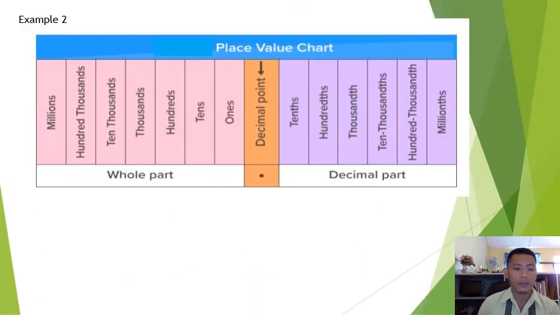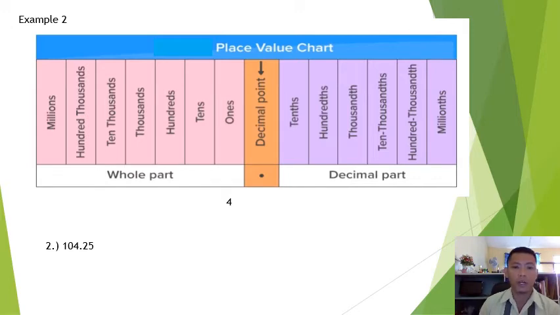Okay? So let's give the place value of each digit in the number 104.25. So again, we will use the chart. And the whole number here is 104. So we will put 4 in ones. It's up to you where you will start.